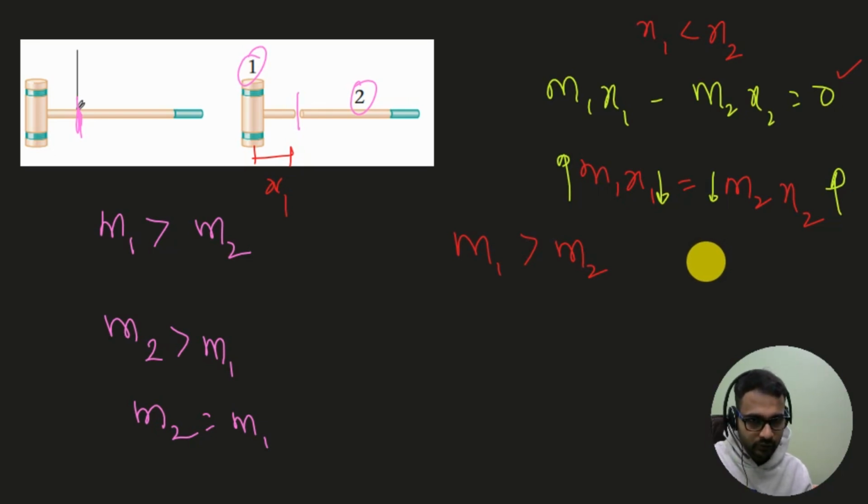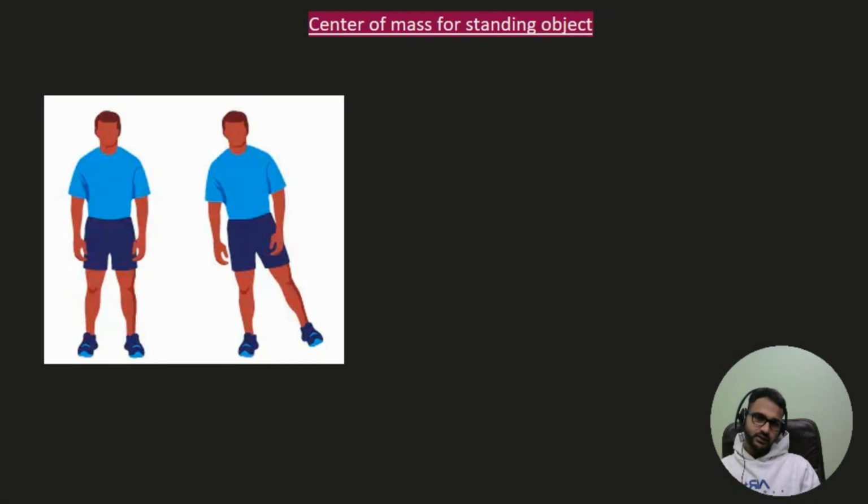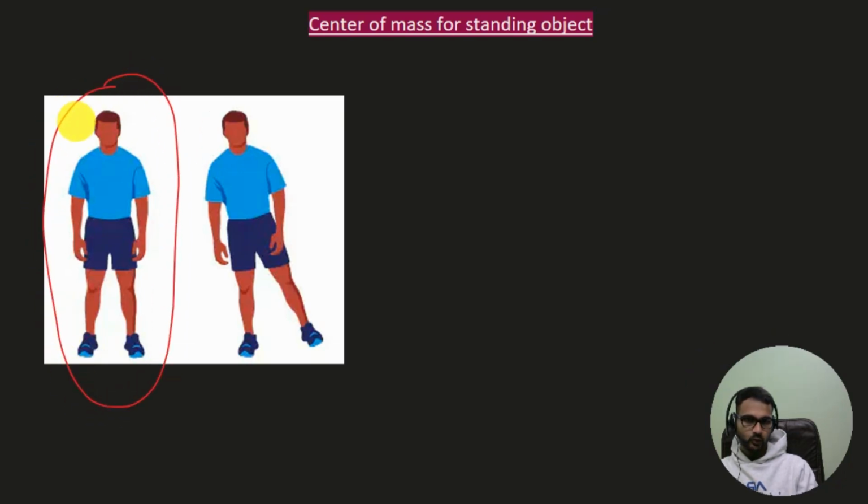Now as of now we have discussed the center of mass for an object which is hanged. What about objects or systems which are standing, for example, a person standing on two legs? Where would be the center of mass? We'll consider a few examples like this now. Consider this system where the person is standing on two legs. A system will be at rest as long as the center of mass is vertically above the base on which it is supported.